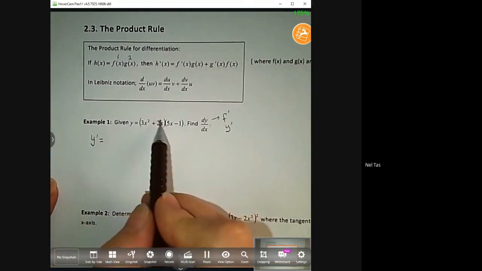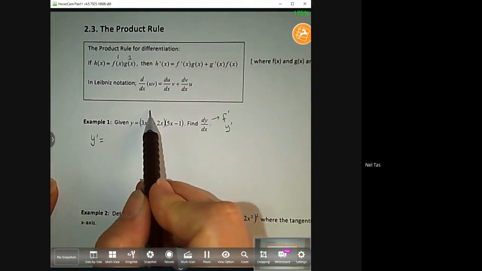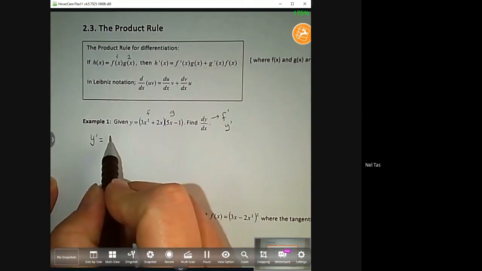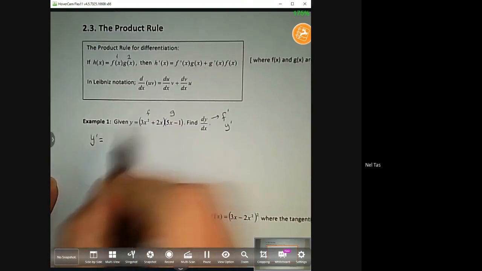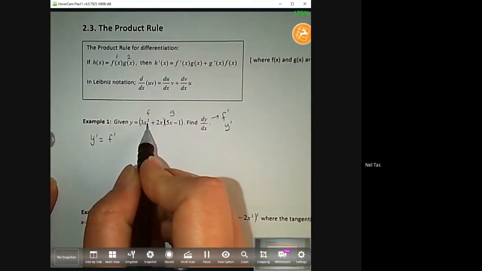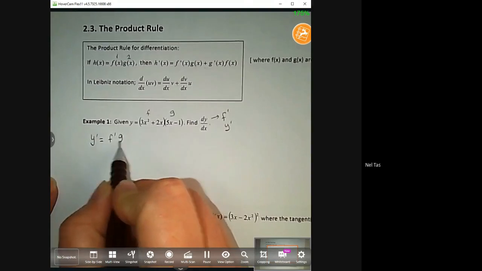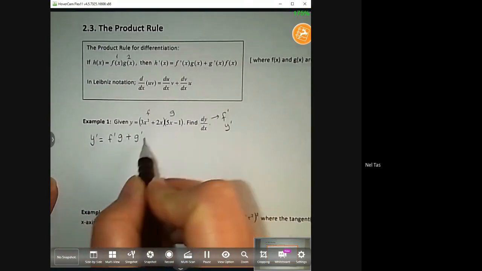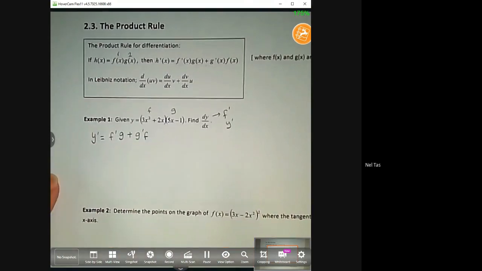This is your f function, that is your g function. I'm just going to write it in a simplified way without using the x. So f prime, derivative of the first, times g plus g prime times f.